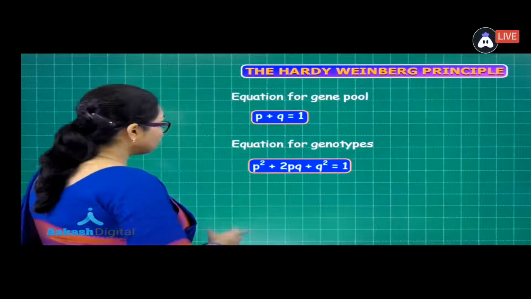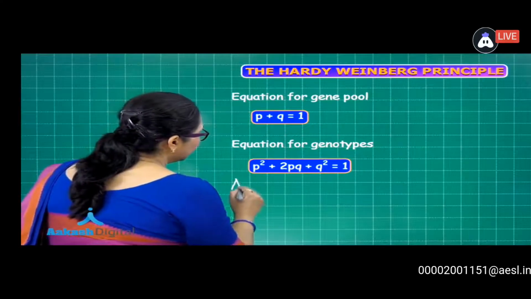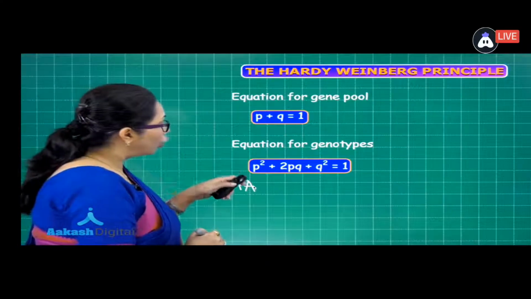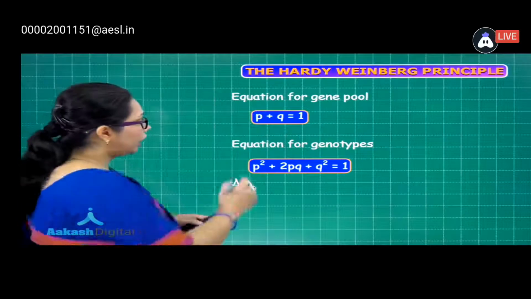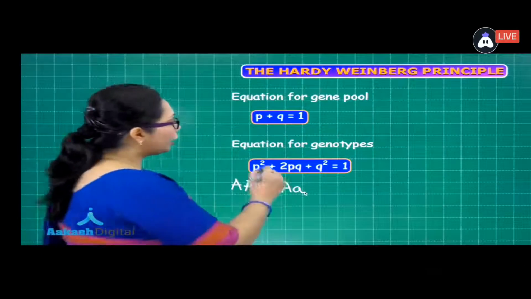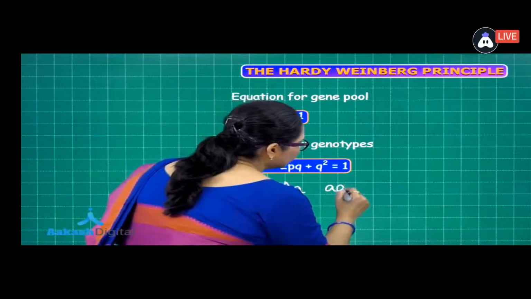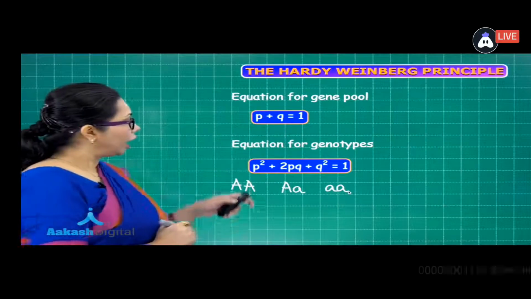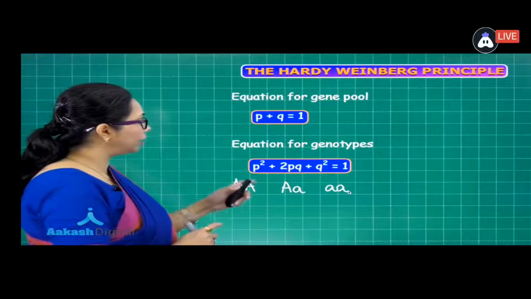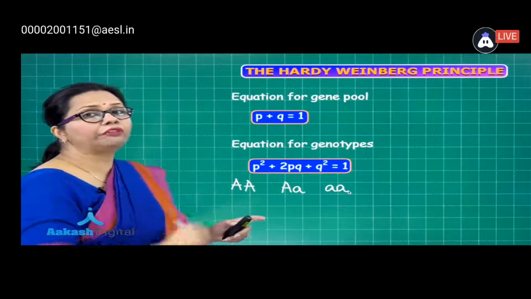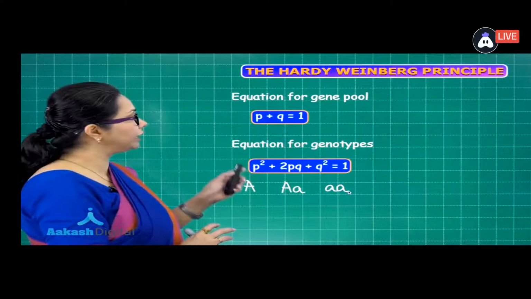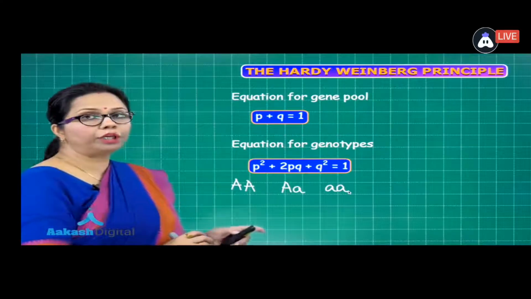Where this p² would be representing, let us say, capital A, capital A, that would be the homozygous dominant individuals. 2pq would be representing heterozygotes and q² would be representing recessives. Because for one particular gene, if it has 2 alleles, that is capital A and small a, there can be 3 different types of genotypes. And these 3 genotypes and their frequencies, if we add, that will also be equal to 1.